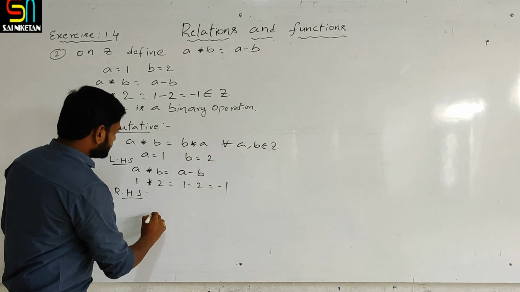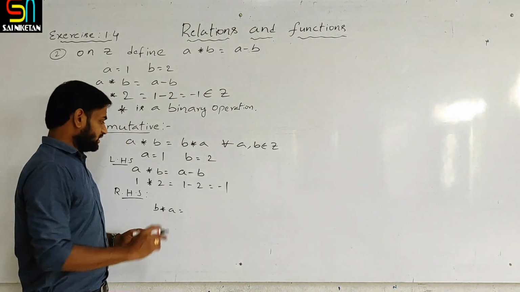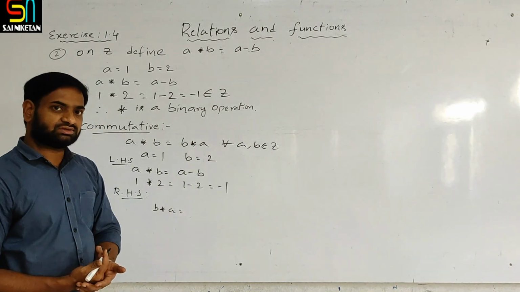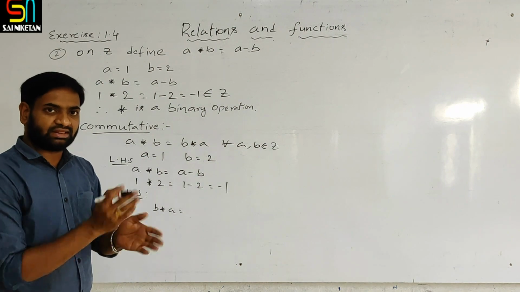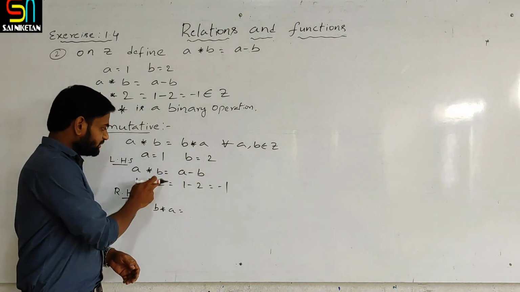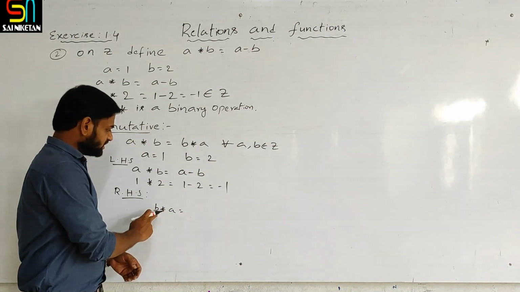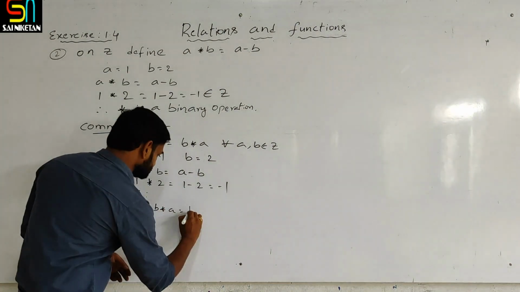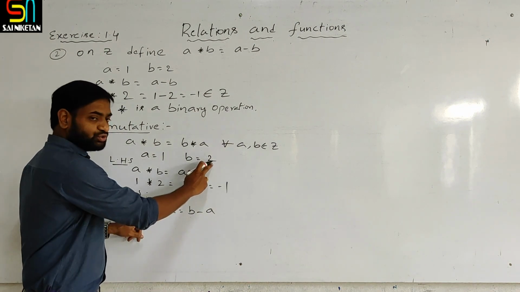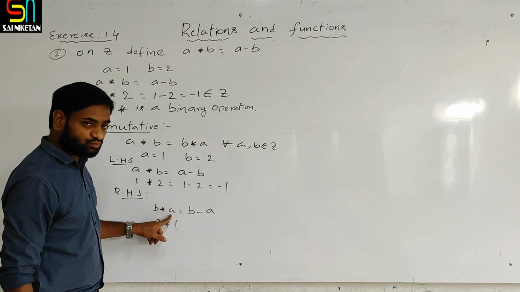That is B star A. A star B means A minus B. B star A means the reverse, B minus A. That means in place of A is B, in place of B is A. Now, the B value is 2 here, star 1, where A value is 1.